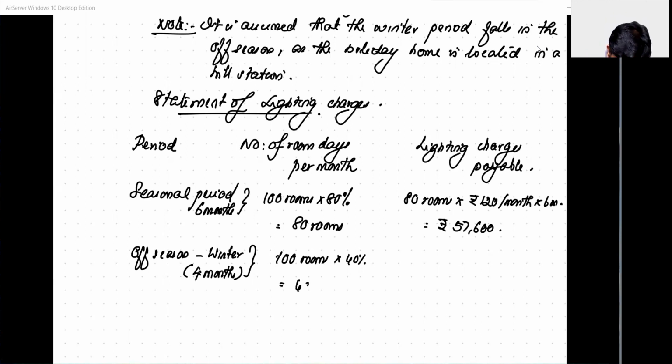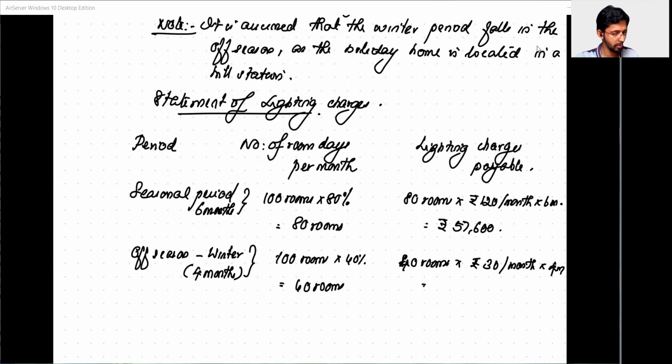So you will be having only 40 rooms. So this will be 40 rooms into, during winter, you will be paying only 30 per month. And how many months you have? You have 4 months. So that is equal to 40 into 30 into 4, 4,800.